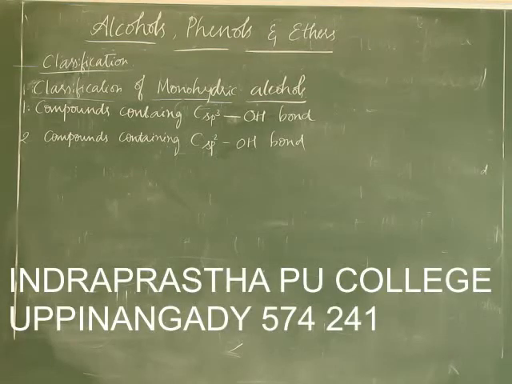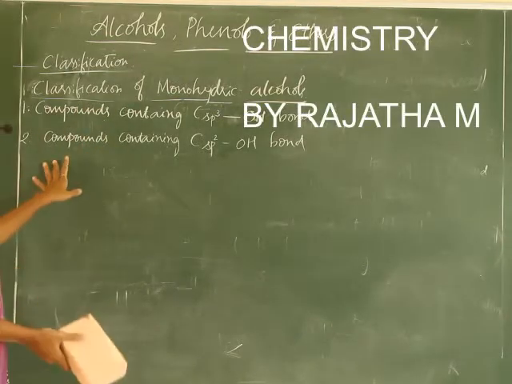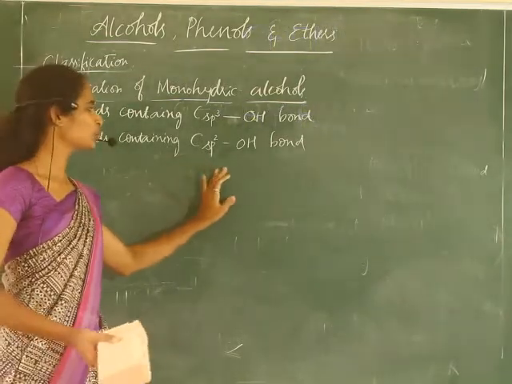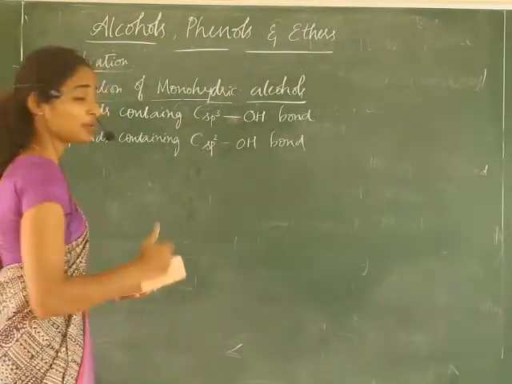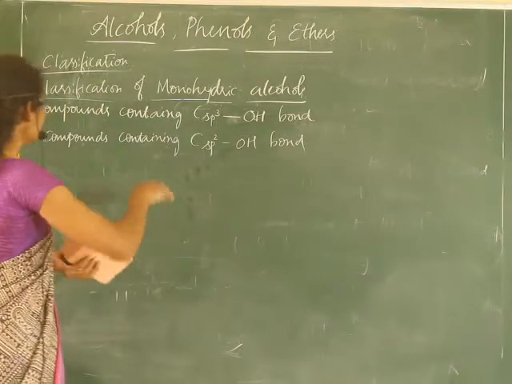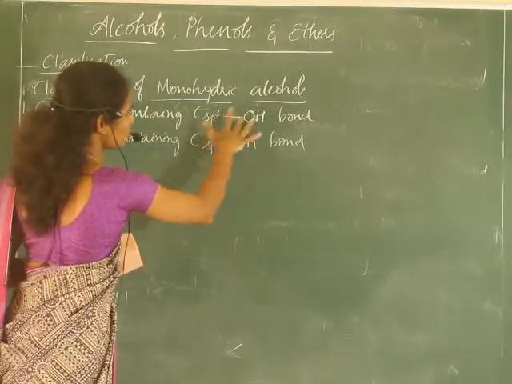Hello everyone. In this class, we'll learn about classification of monohydric alcohols, in that, compounds containing sp2 C-OH bond. In the previous class, what have we learned? We learned about compounds containing sp3 C-OH bond.